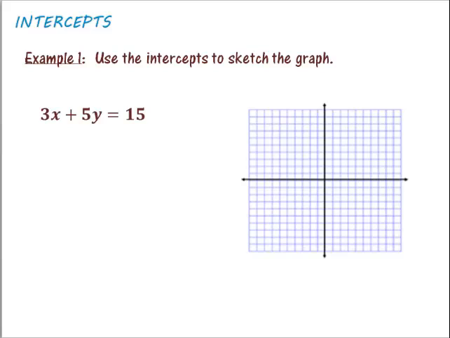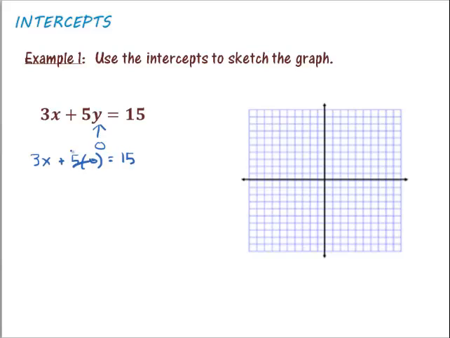Okay, so example 1: use the intercepts to sketch the graph. Alright, to do this, let's first find the x-intercept. To find the x-intercept, remember, we're going to put in 0 for y. So I have 3x plus 5 times 0, which is just going to be 0, equals 15.